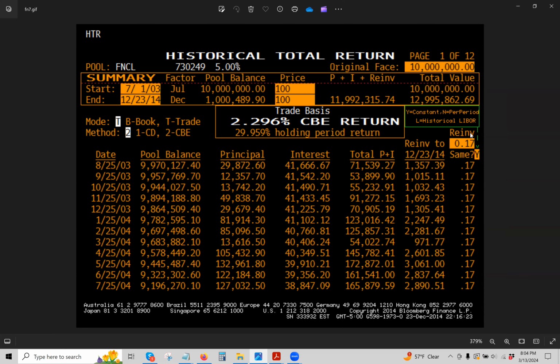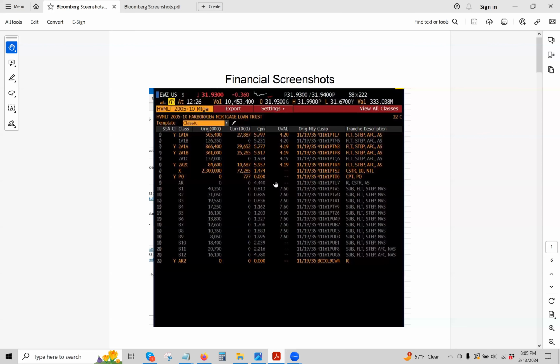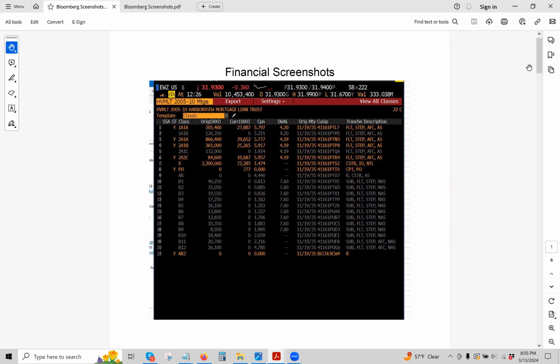Because as you can see here, there's dates and there's the pool balances and interest and total P&I and that type of information. So these particular screens were the example I wanted to show you. And next I will just go over some other examples of some other screenshots. Just 2 more for example purposes.